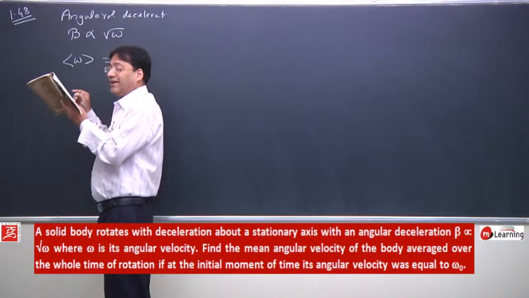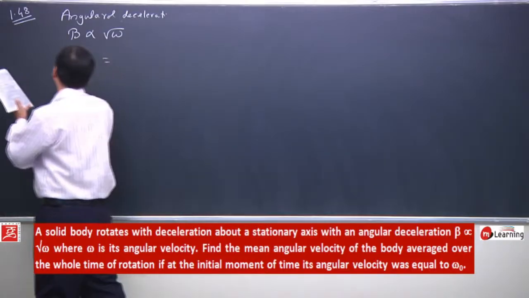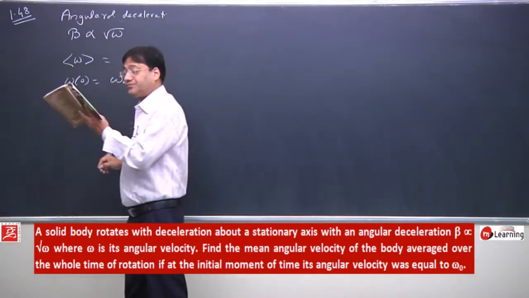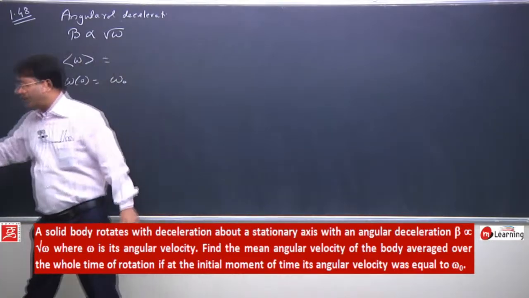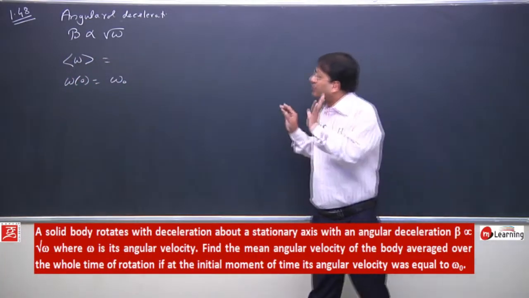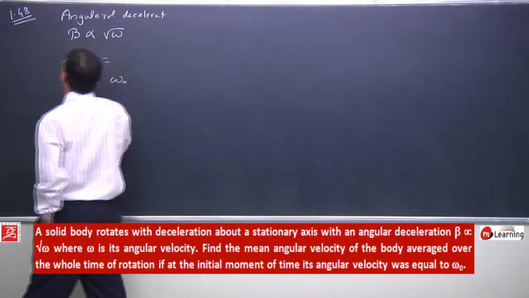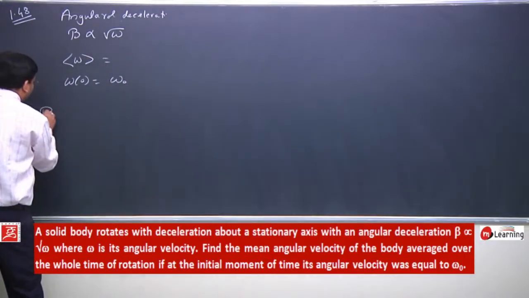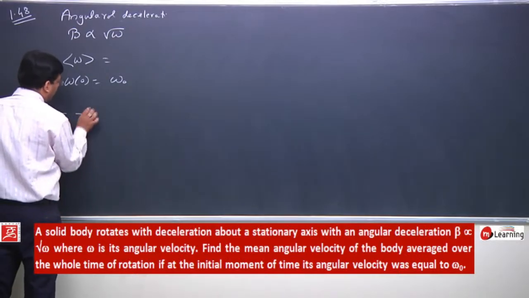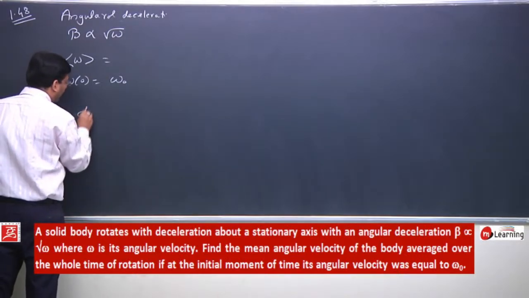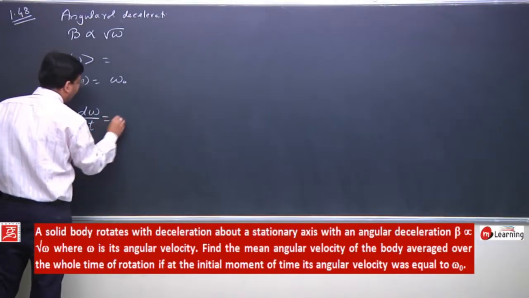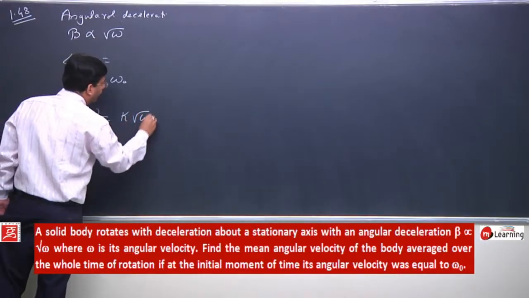If at the initial moment angular velocity is omega naught. Now, the mean angular velocity over the total time of rotation. First of all, this angular deceleration, I will write it like this: minus d omega by dt is equal to k root of omega.